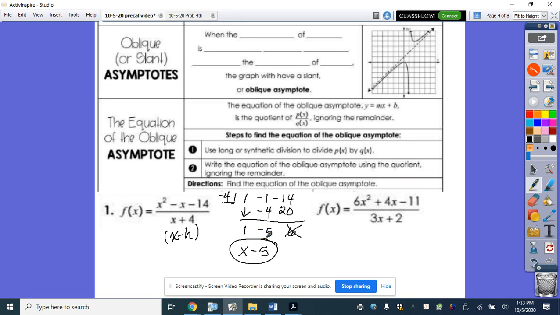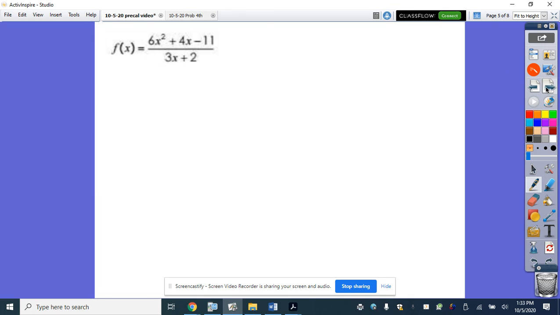Okay? Now, when there's a number in front of that x, unless you love fractions, don't try to do it synthetic. Just don't even try. Okay? So this one needs to be done long division. So I have 3x plus 2 out here and 6x squared plus 4x minus 11 out here. So what do I multiply 3x by to get 6x squared?